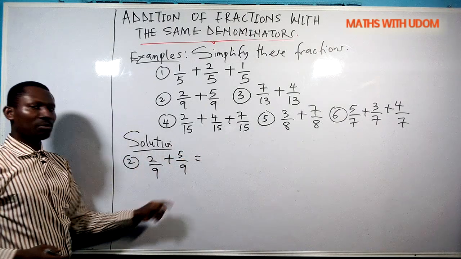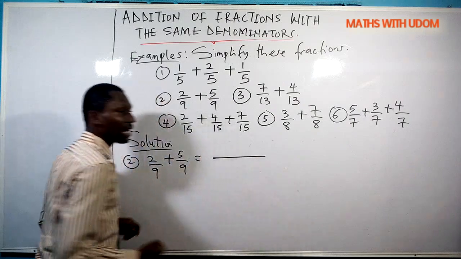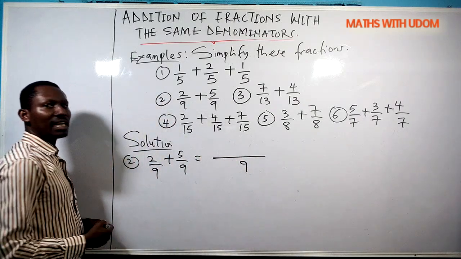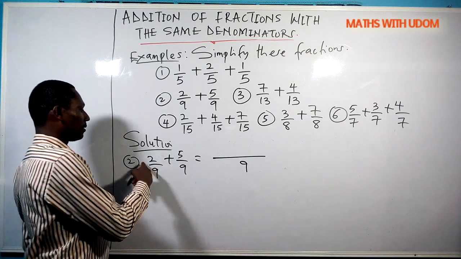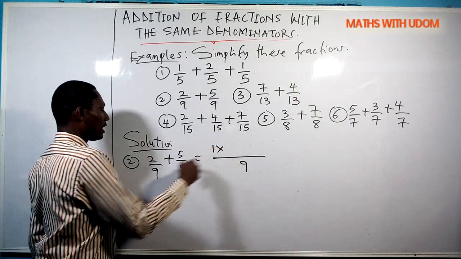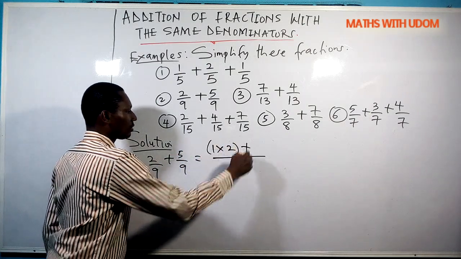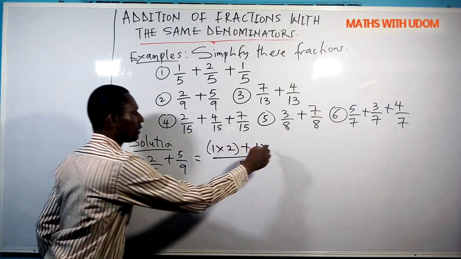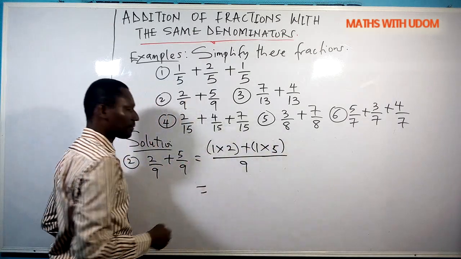Since they have the same denominator, the LCM is 9. So we write our division line and we place our LCM 9 under the division line. How many 9 can go in 9? 1. So 1 times your numerator 2, plus, how many 9 can go in 9? 1. 1 times our numerator 5.